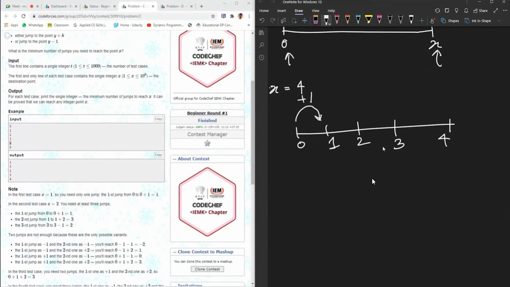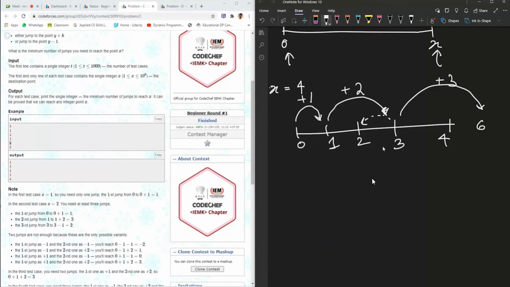In the second jump, I can either move one step backward or two steps forward. So let's go two steps forward. Then in the third step, I can either come one step backward or I can go three steps forward. That is, I go to point 6.